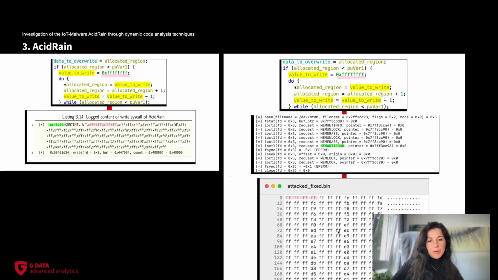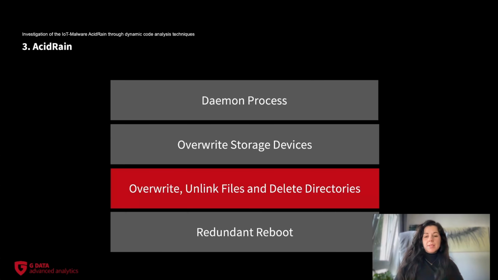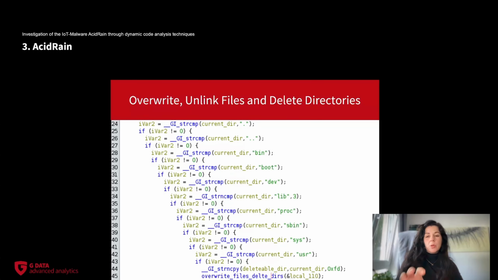This is the process to override the flash memory. AcidRain overrides files, unlinks files, and deletes directories. And I will give you a closer view of how AcidRain tries to protect system-relevant information. It tries to skip these directories.